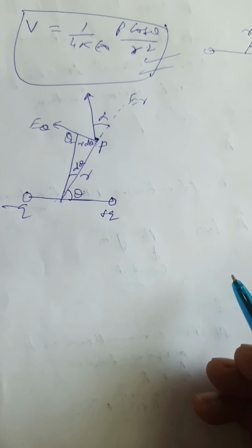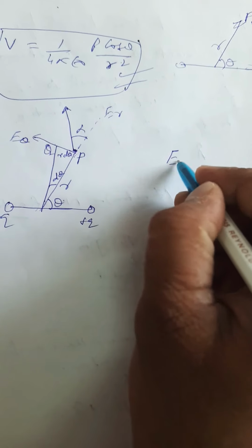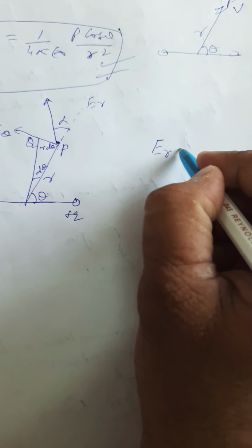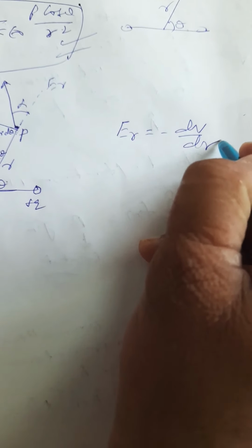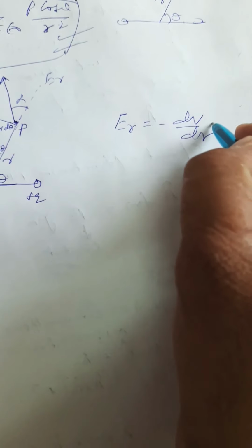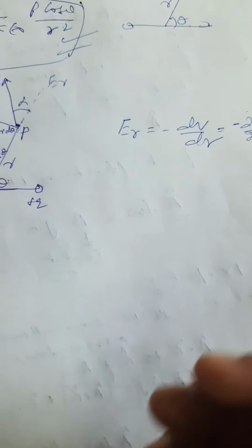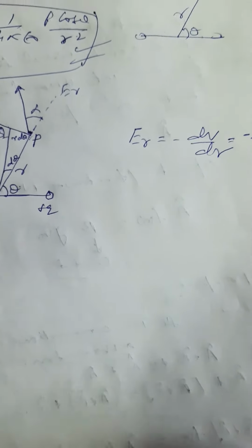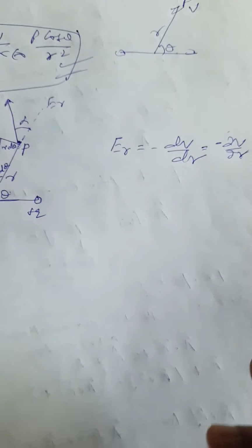Now the radial component of the field is given by Er, and from the previous lecture we know the relation Er will be given by minus dV by dr along the direction, so it's the partial derivative, minus del V by del r. Here we'll consider r to be variable and theta as a constant.